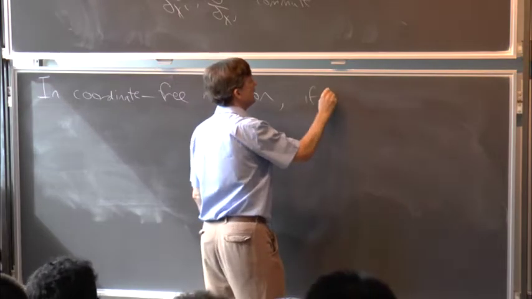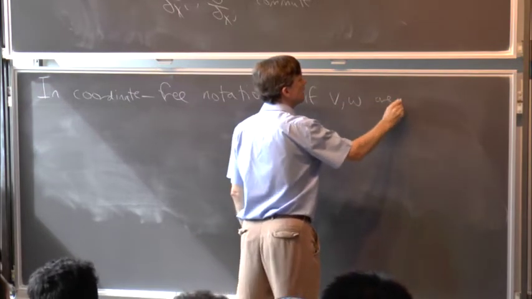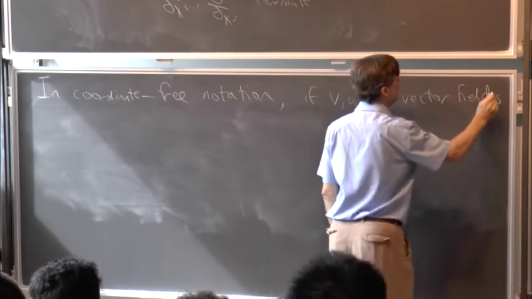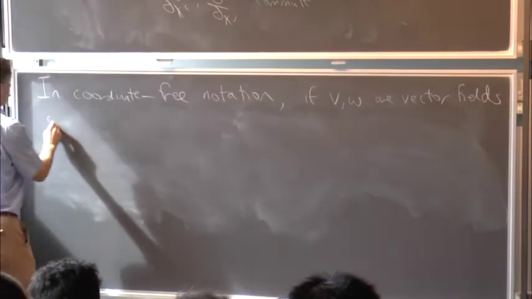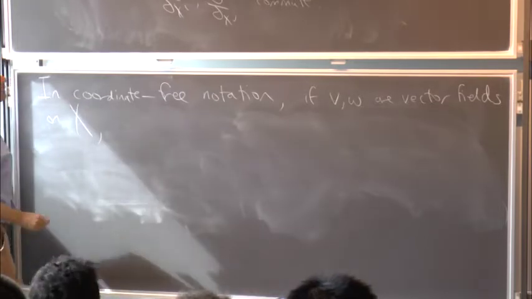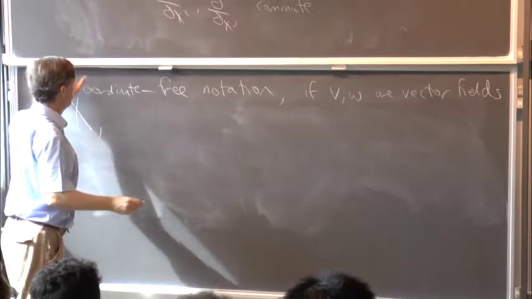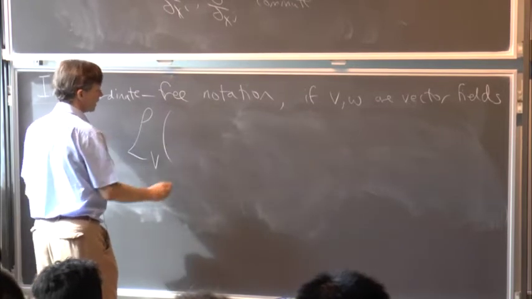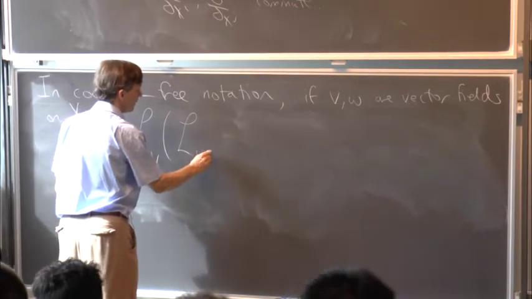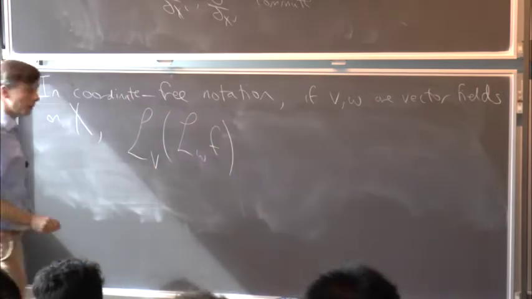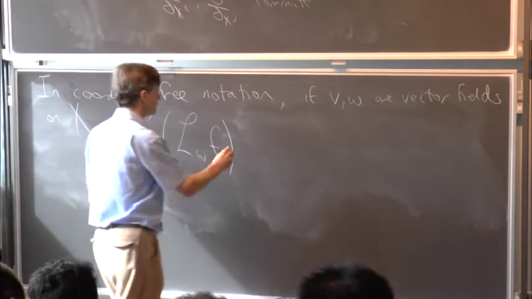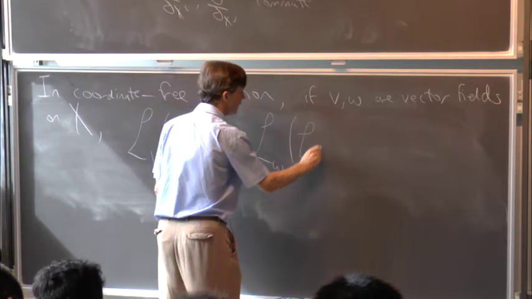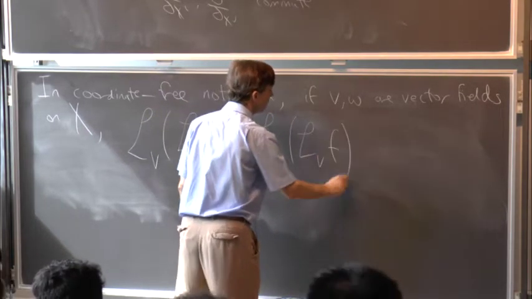if, let's say, v and w are vector fields on X, then, well, we can write it in terms of the derivative in direction v of the derivative in direction w of f minus the derivative in direction w of the derivative in direction v of f.